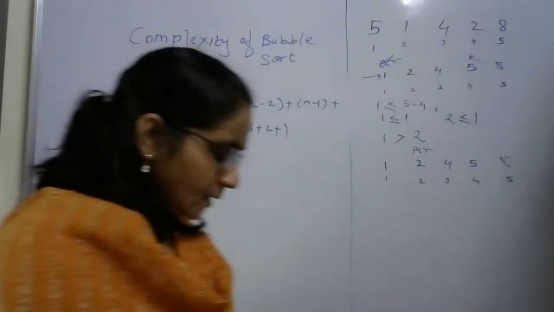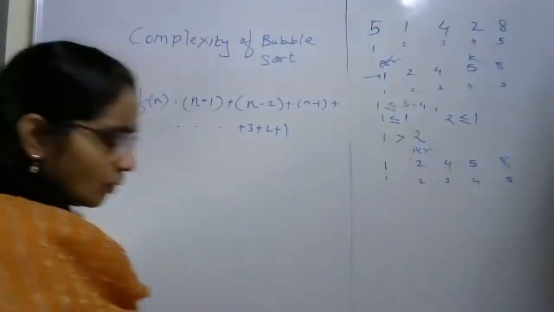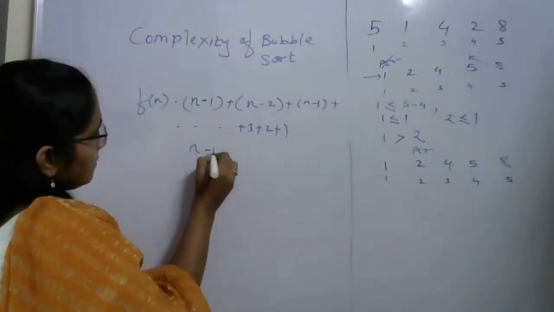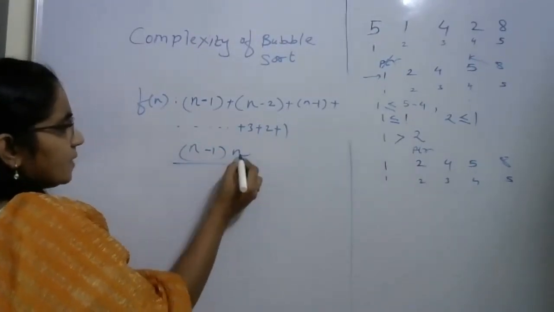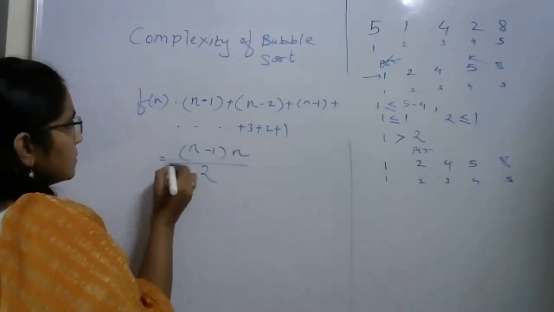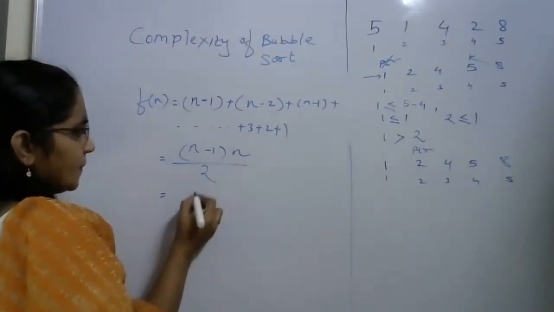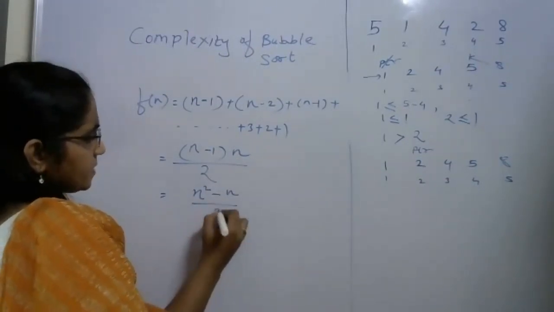Now this mathematical series is replaced with a particular formula, and that formula is n minus 1 into n by 2. If you simplify, you get n square minus n by 2.